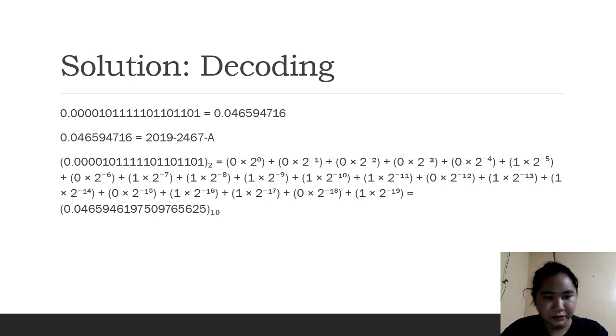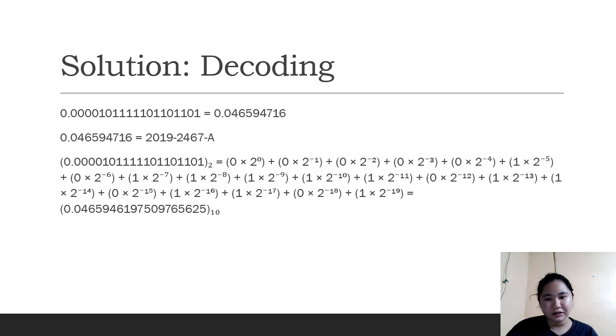you need to multiply this number by its position. Since this first 0 is here, this counts as 0, and then the one after the period will be multiplied by 2 raised to negative 1, and then also the next 0 will be multiplied by 2 raised to negative 2, and so on and so forth until the very last one, which will be multiplied by 2 raised to negative 19.